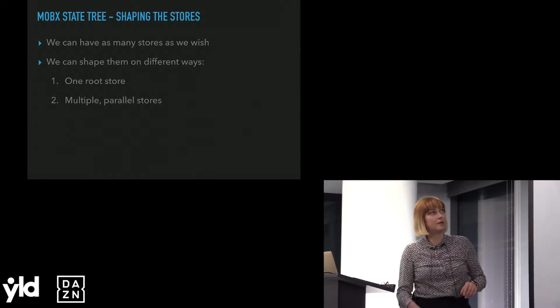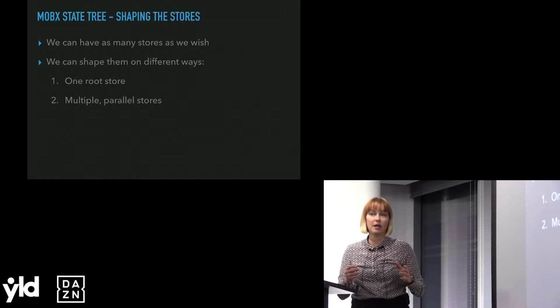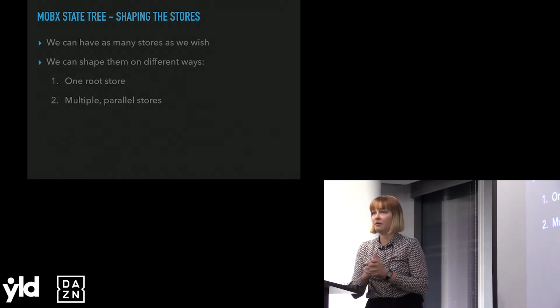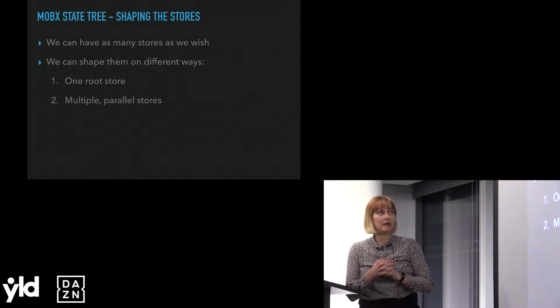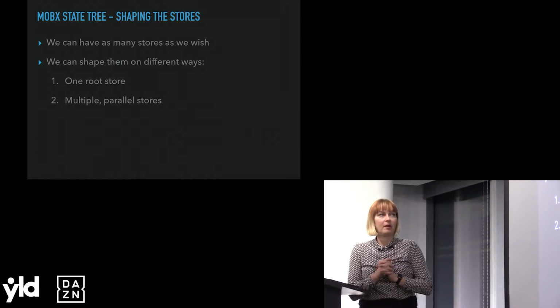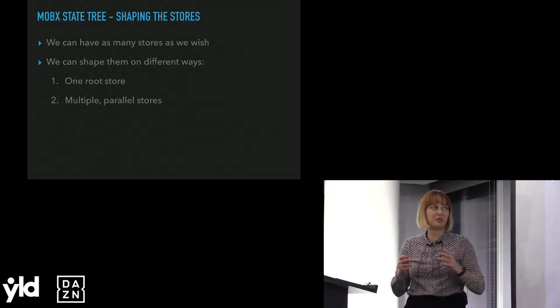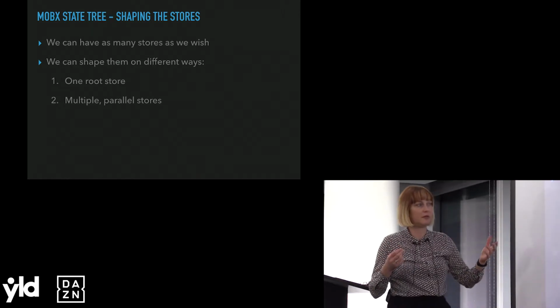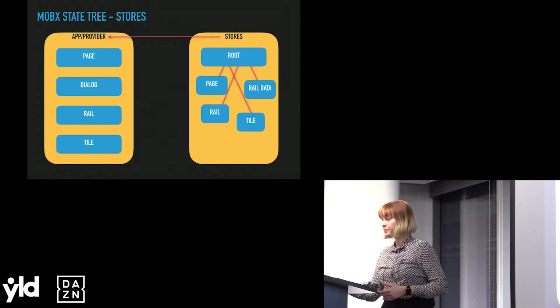As I mentioned earlier, we can have as many stores as we wish. So it can create some kind of chaos, I guess, and we can shape those stores in different ways. Two of the most popular are: we have one root store, or we have multiple parallel stores.